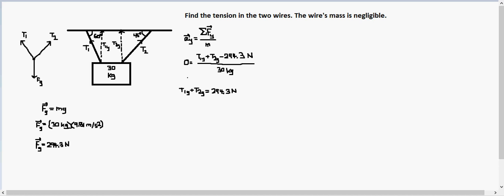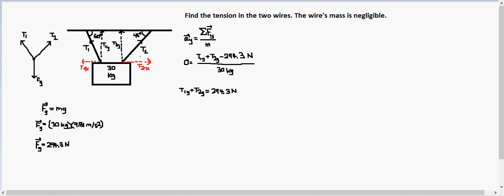Let's check the x direction and see if we get anywhere. Draw the x components right here. I'm going to draw them in red so you don't get confused with the box. So this is T1x, and this is T2x.